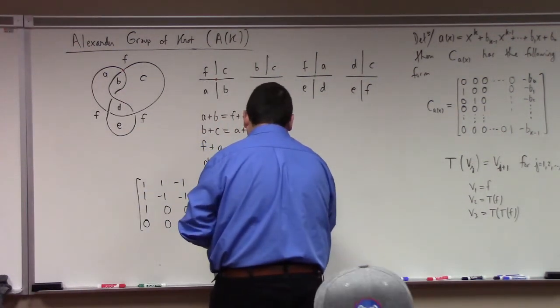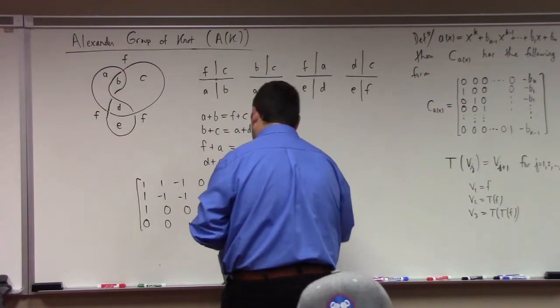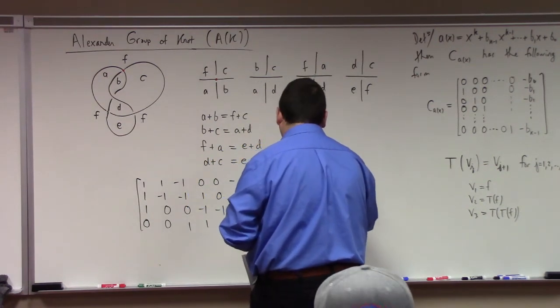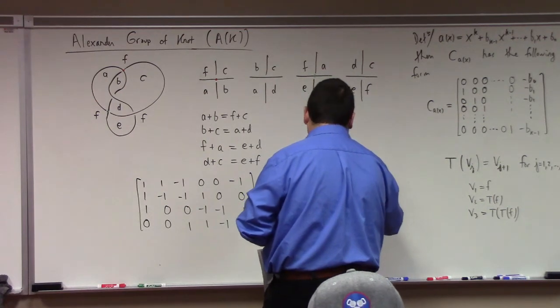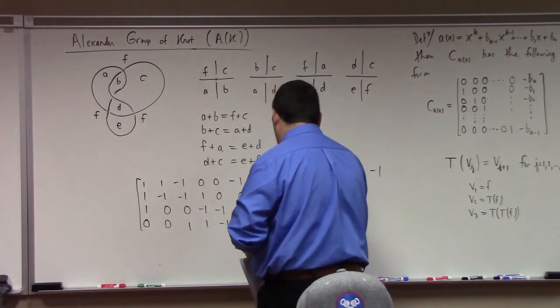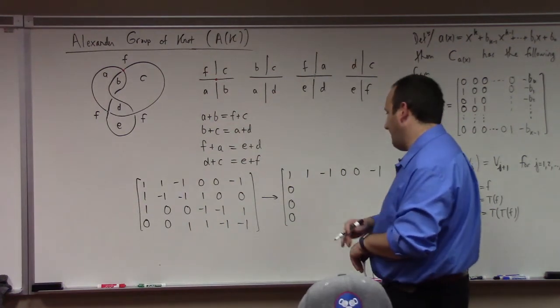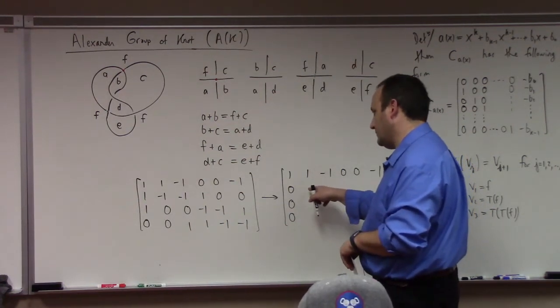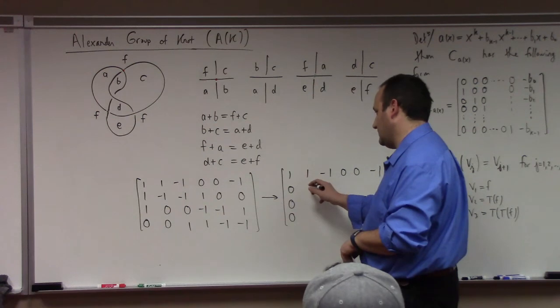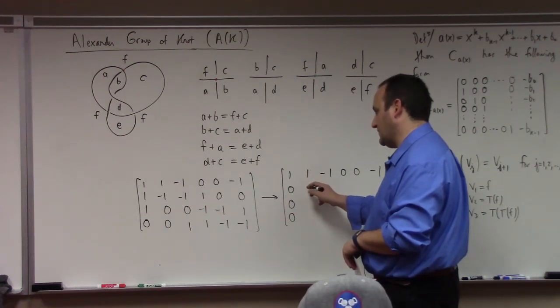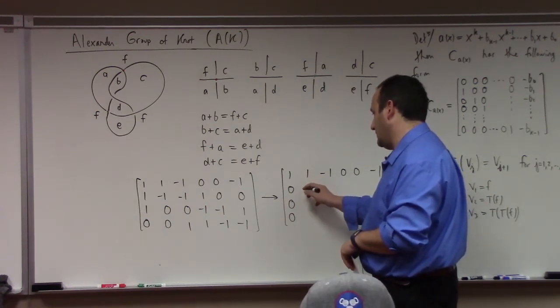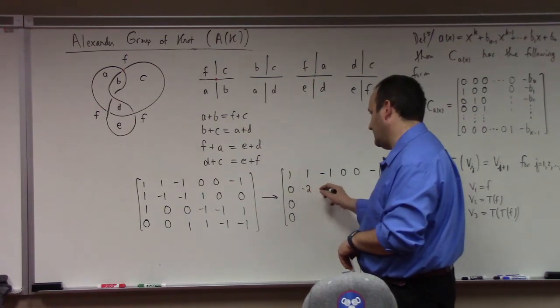So, what would be the next matrix you'd get? So we get zeros here, right? And what happens? I get what? You guys have to help me out. Minus 2.